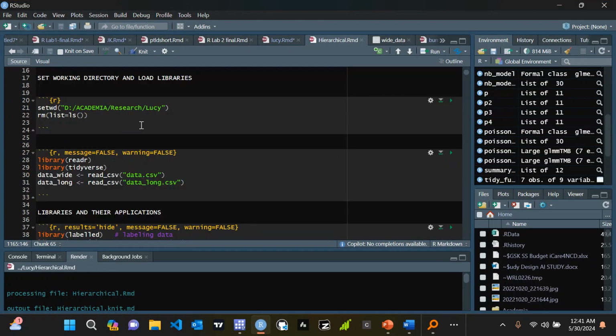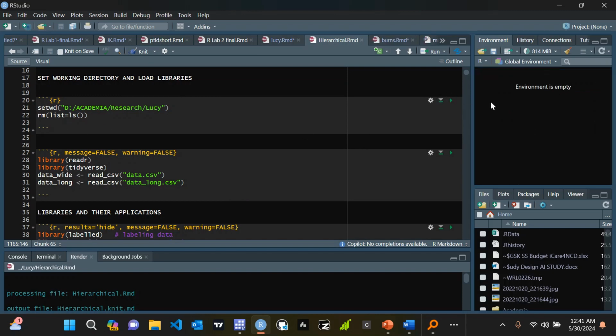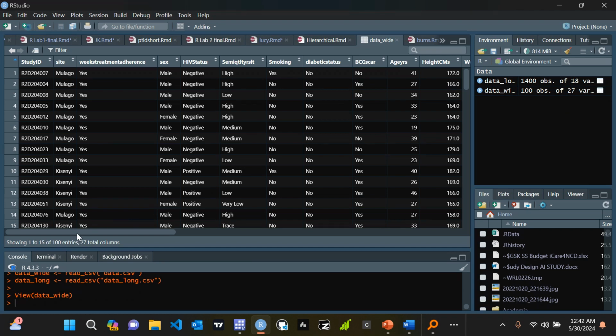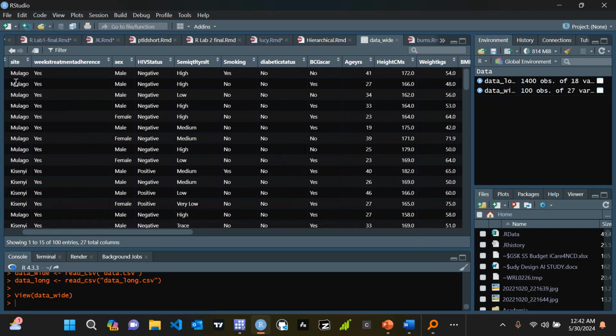First of all, we are going to set our working directory and remove everything from the environment. So the environment is clean, and we set our working directory. So let's load our data. We shall be using data long. It is in the long format. Let's view our data and see. So we have study sites.